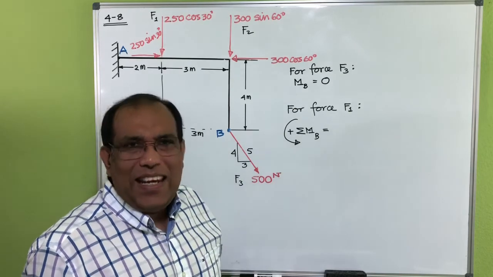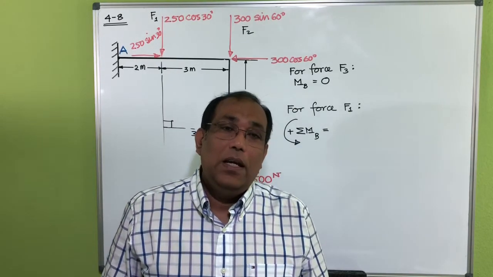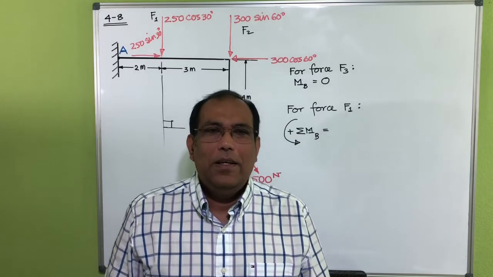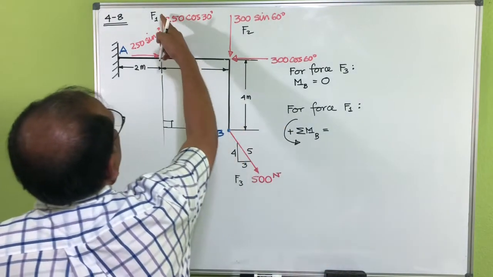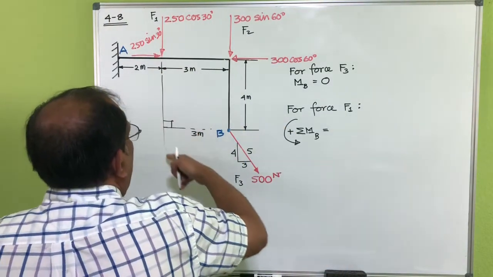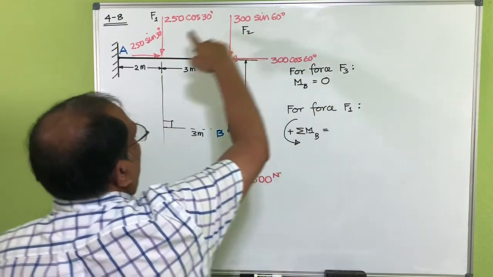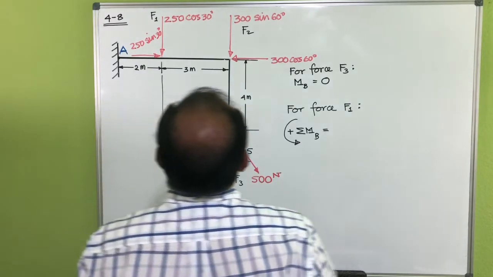If I get a negative number, then I'll say no, it's actually a clockwise moment. Okay? So for B, if you see, this force is moving around this, right? Along B. So this one is basically counterclockwise, so positive.